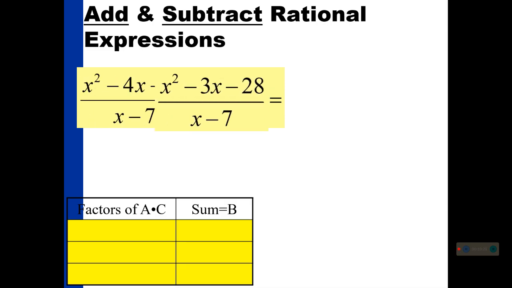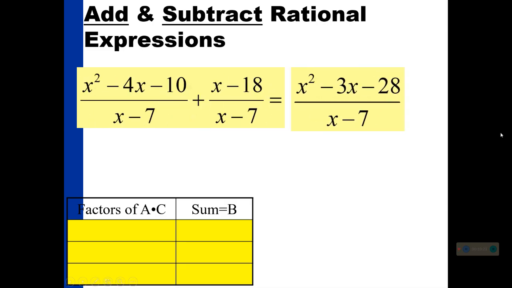Okay, so as I have said earlier, copy the denominator, and then we have here just only x squared. So there is no like term with the other RAE, so you only have here x squared. And then we have here negative 4x and positive x, so you will have negative 3x. Then we have here negative 10 plus negative 18, so you have here negative 28.